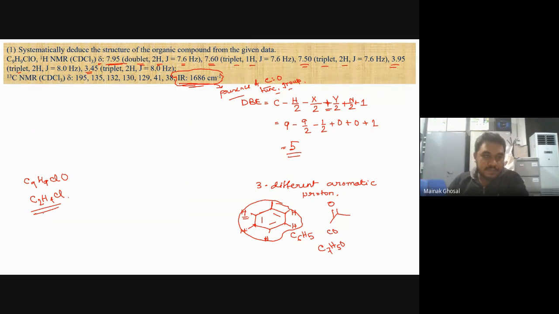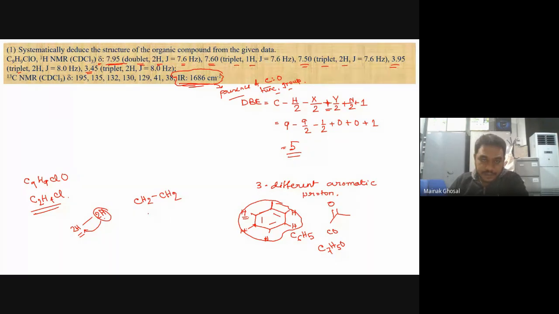Now, if you want to match this with your NMR spectrum, we have 2 hydrogens as a triplet. Triplet means nearby I also have 2 hydrogens. Similarly, these 2 hydrogens will also give a triplet with 2 hydrogens. So there must be some CH2 functionality.